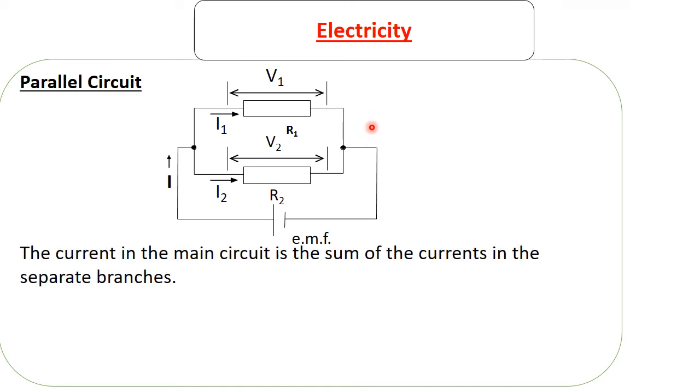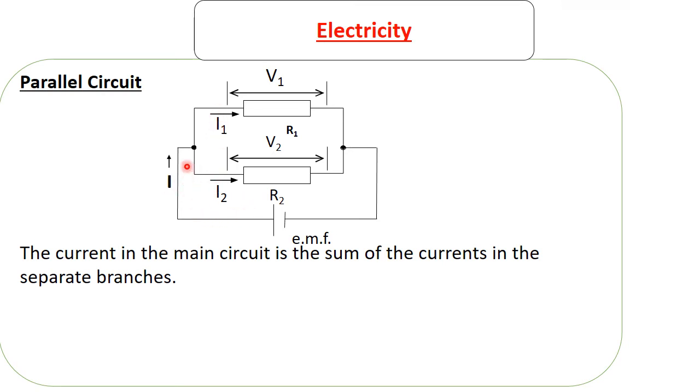We're going to start again with current. The current in the main circuit is the sum of the currents in the separate branches. So the current in the main circuit, like the current that passes through the battery, is the sum of the currents in the branches. How so? Again, think of these as pipes and think of current as water. If 2 liters of water is flowing, when it reaches here, part of it will go this direction, part of it will go this direction. So there will be different amounts of water, and the currents are going to be different. But when you add these currents, they should give you this.